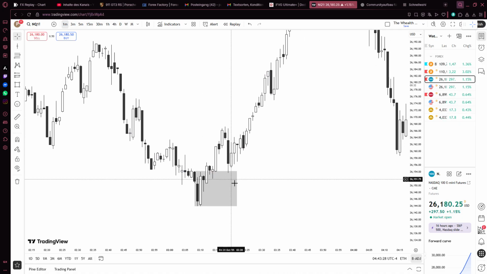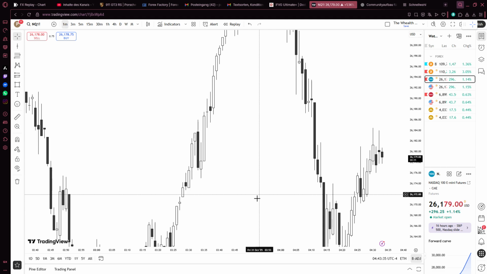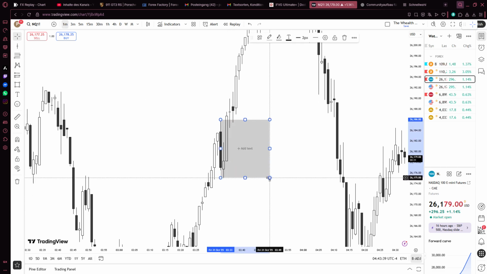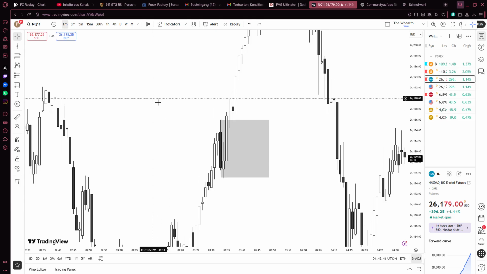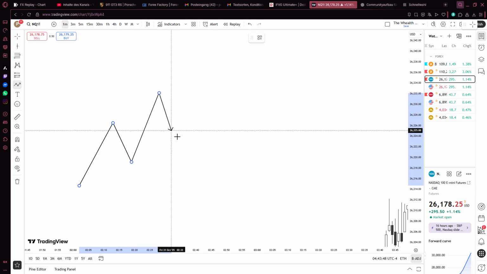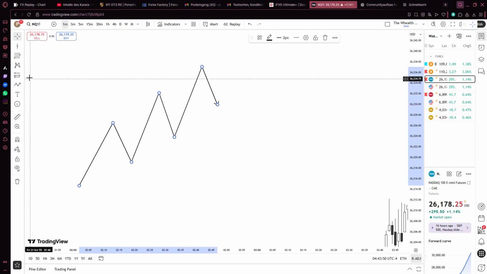This is the order block I use most often, but there is another way to use an order block, like in this scenario. It's when you make higher highs and higher lows, high, low, high, low, high, low.